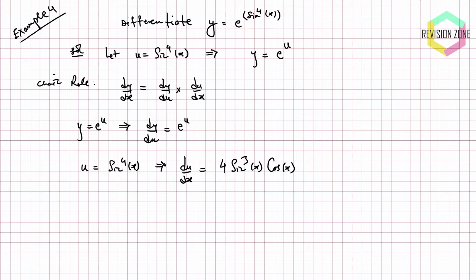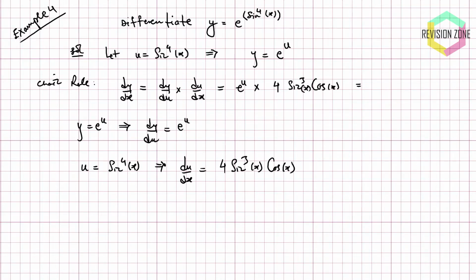So now that we actually have this, we can put that in the formula. So we can say dy by du is just e to the u, and du by dx is just 4 sine cubed cos x. So I'm going to multiply by 4 sine cubed x cos x, right? So perhaps I should put these brackets there. So once we've got that, the only thing that actually remains is being able to write this in a form that's completely in terms of x.